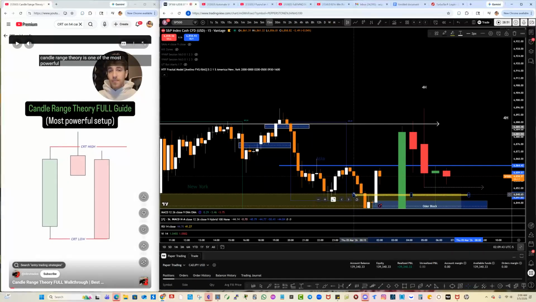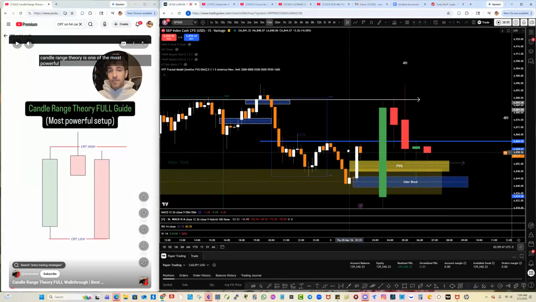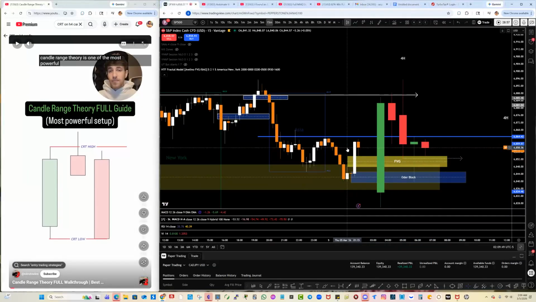So the current one we're dealing with, this is our fair value gap. I just need a bullish candle, and that will be it.